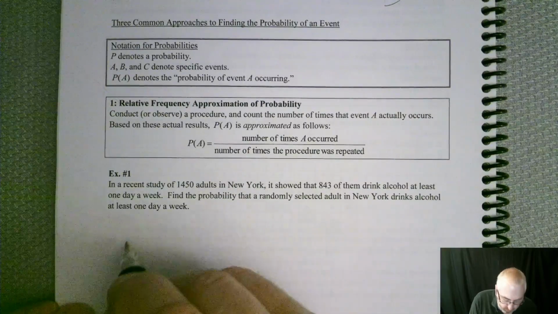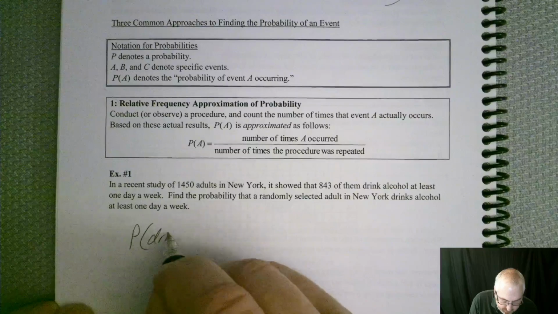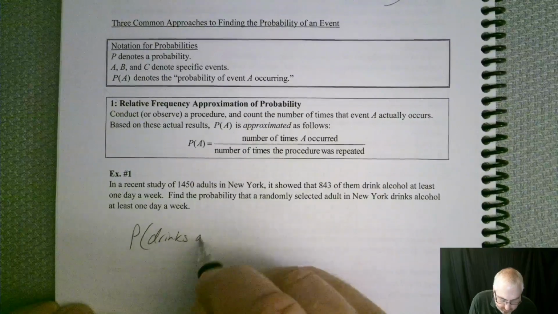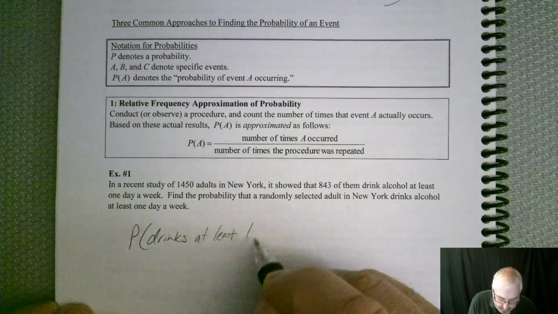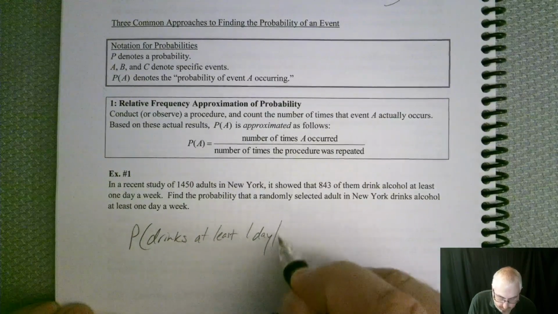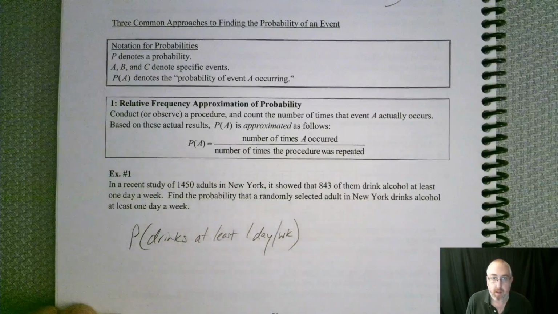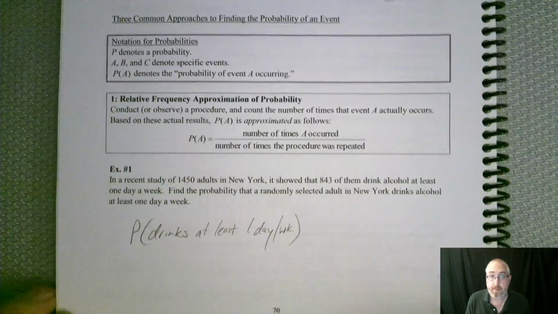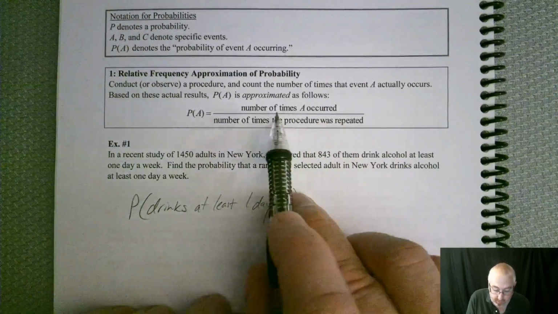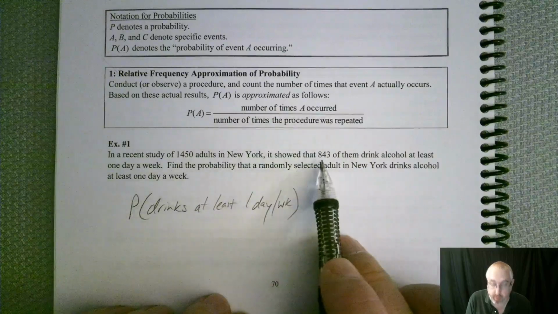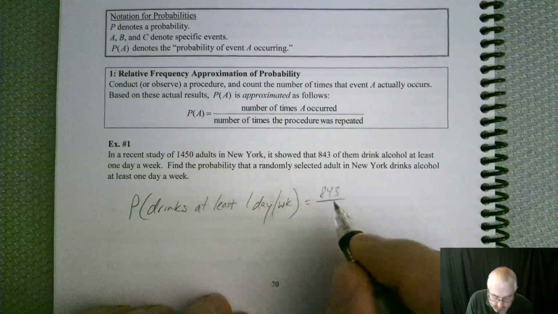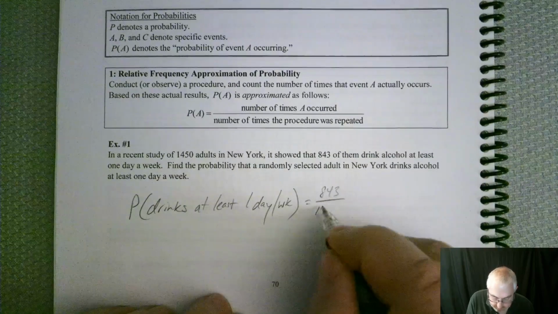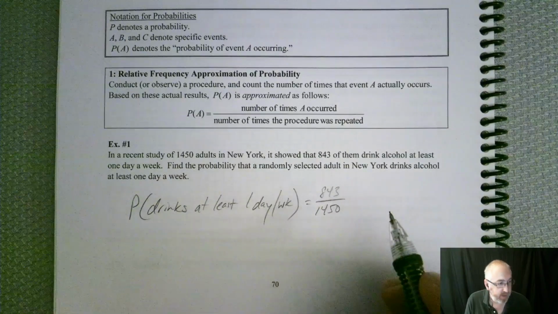So if we want the probability that someone drinks at least one day per week, that's what we want. The number of times A occurred, there was 843 of them out of the 1,450 that we surveyed.